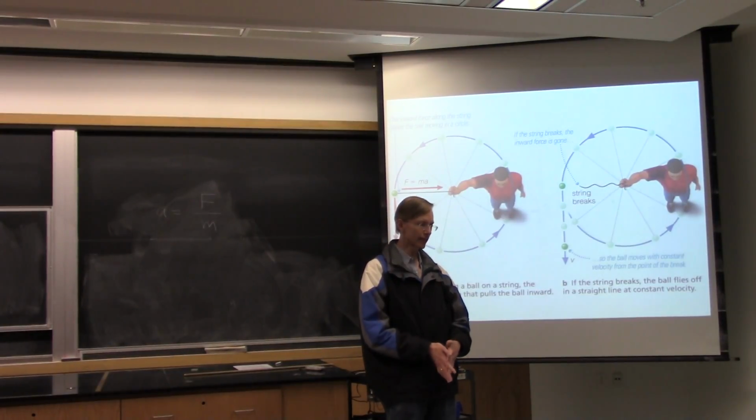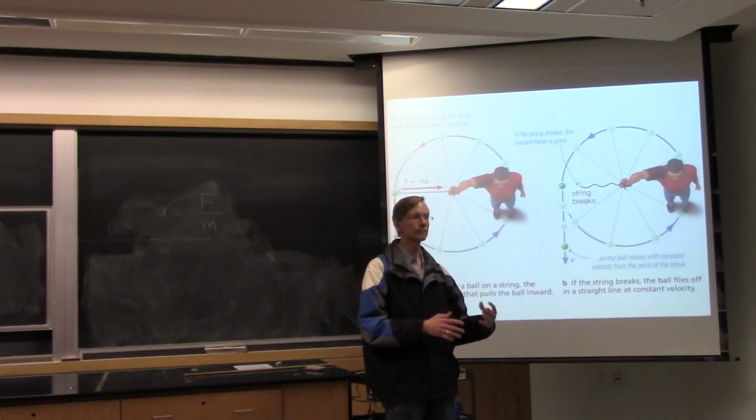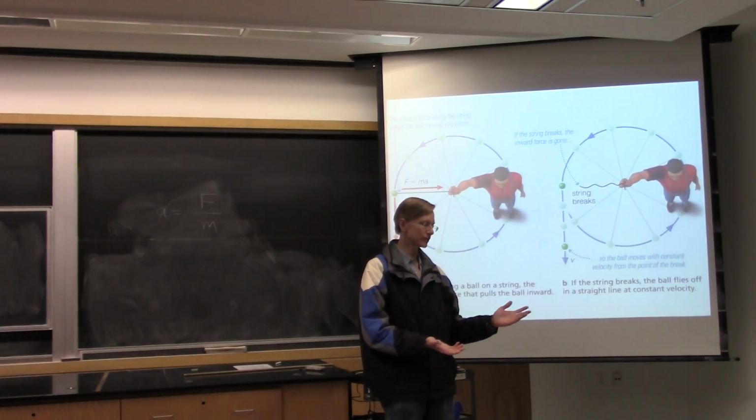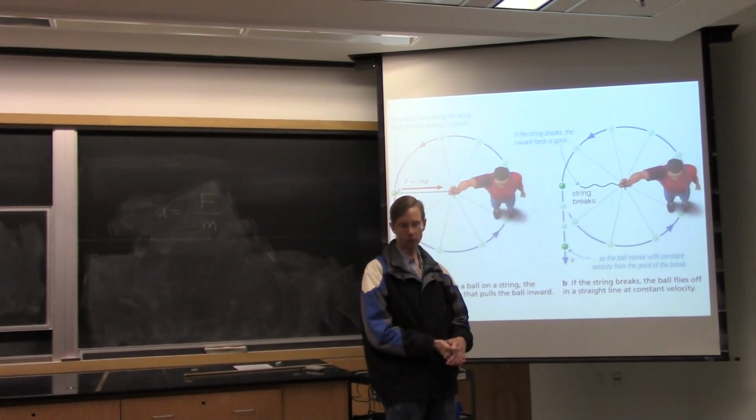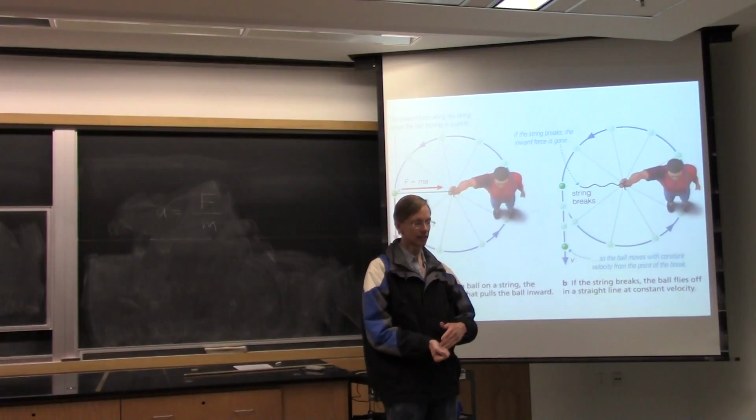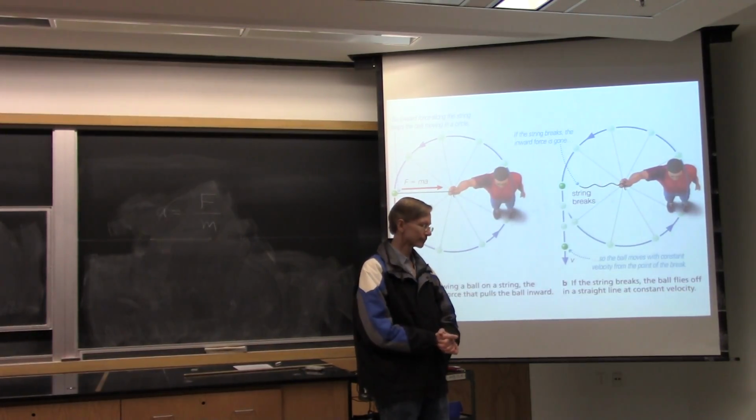If there's acceleration, that means a force is needed to make it happen, right? That's Newton's second law, or first law for that matter. If something is accelerating, a force is needed to make it happen.